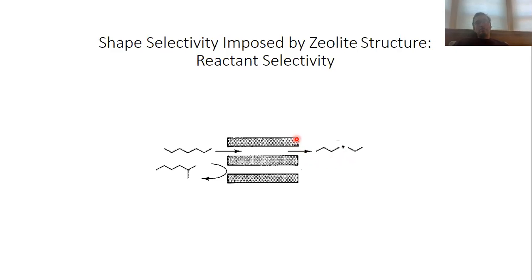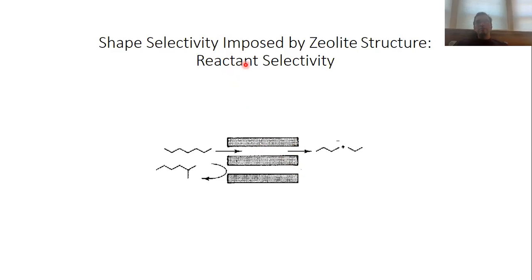And now you can combine this reactivity with the shape selectivity of zeolites, which zeolites have due to their pore sizes. So we know different types of shape selectivity of zeolites in zeolite catalysis.